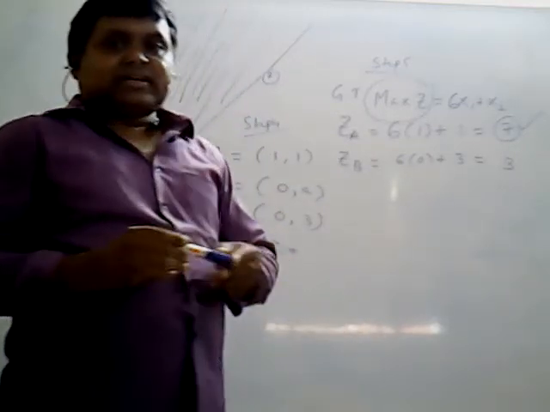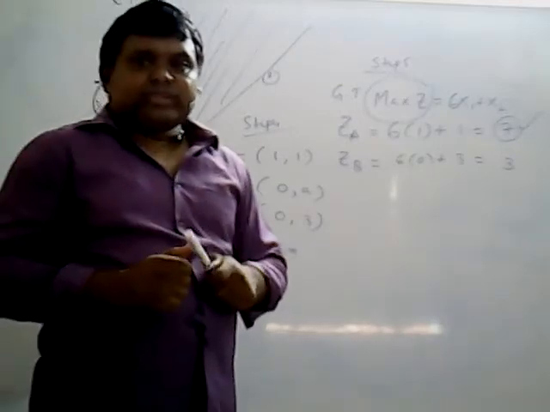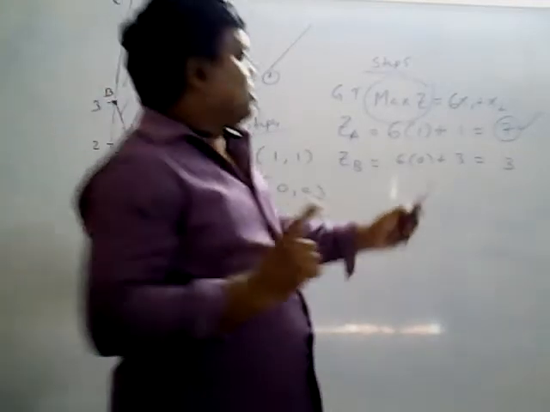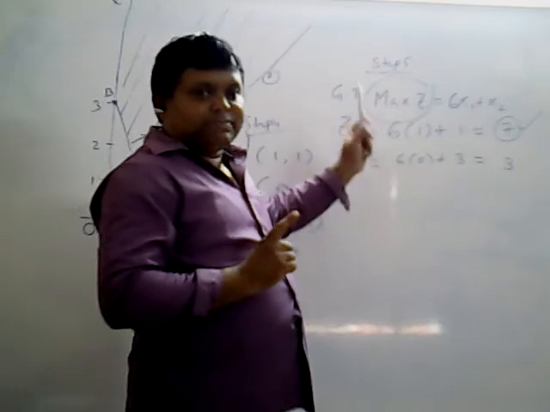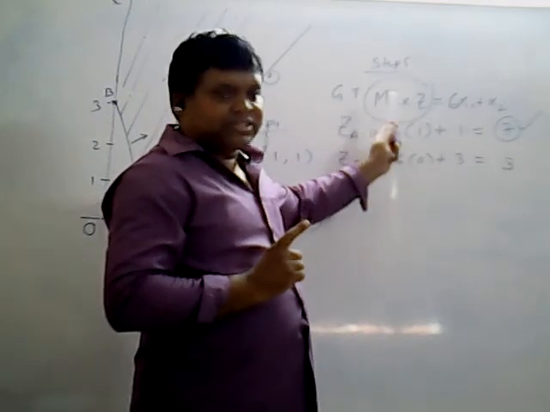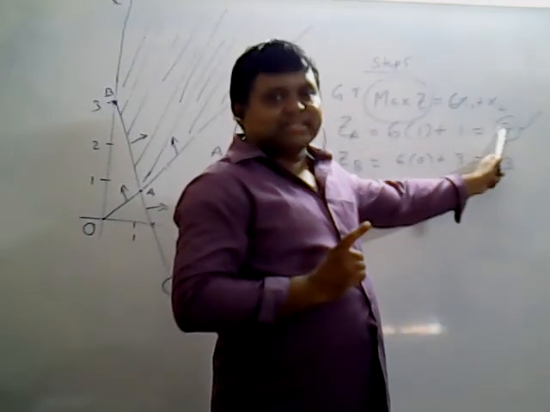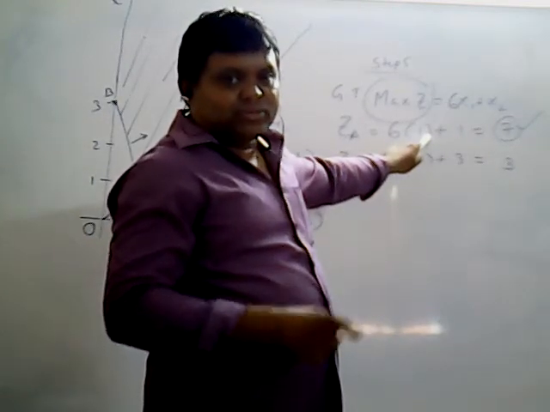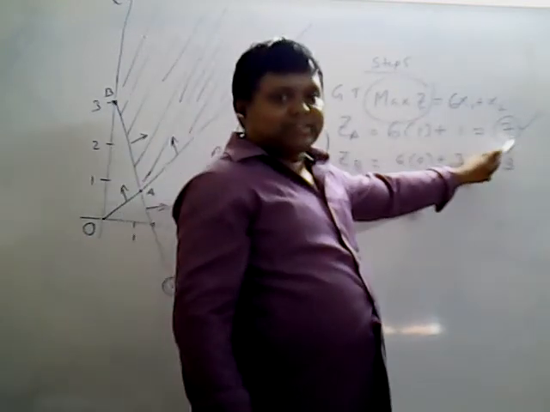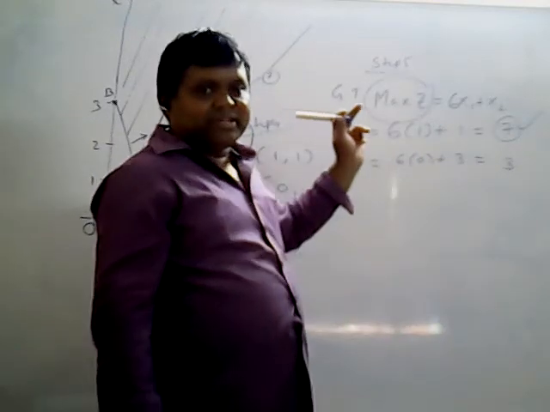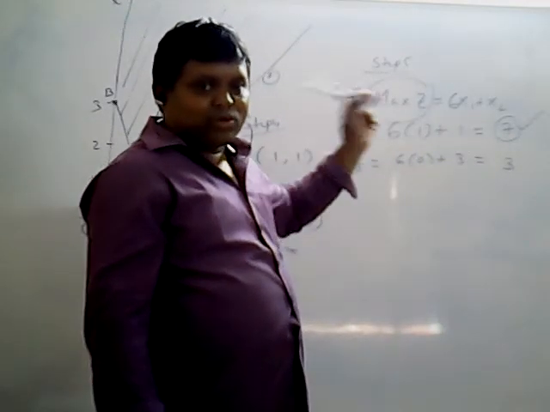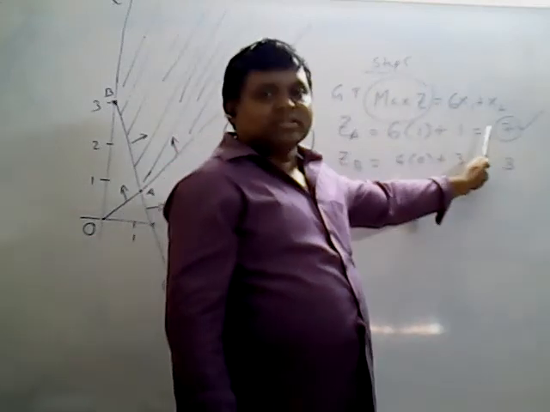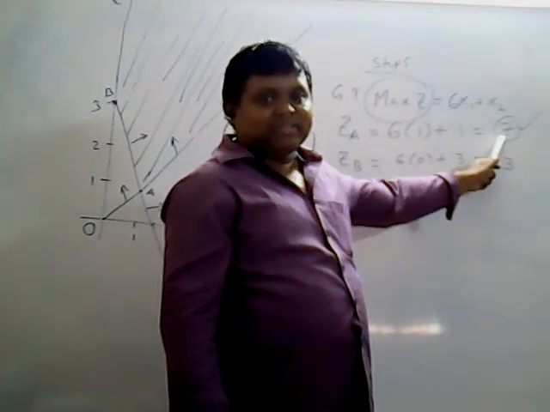Why is it not correct? If I substitute some point in the objective function and it gives more than 7, then automatically this one is wrong. If this is correct, then for this LPP there is no other point which gives a value more than 7.